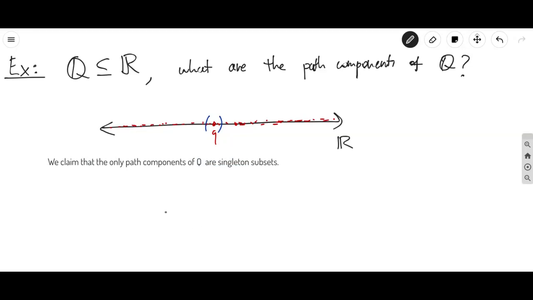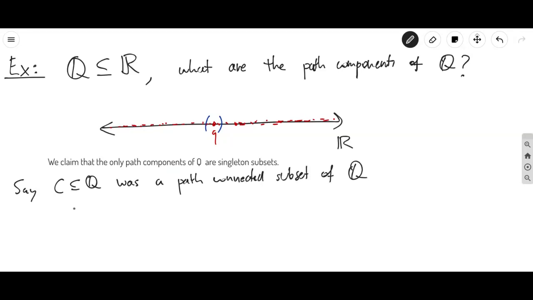How do you prove this? Say C was a path connected subset of Q, and it had at least 2 points.